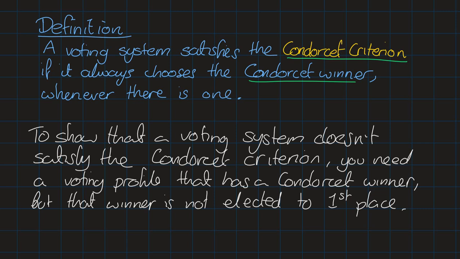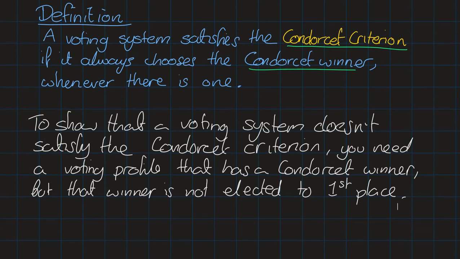But there are infinitely many different voting profiles which have Condorcet winners, and you need to show that in each one of these infinite number of different voting profiles, the Condorcet winner is elected to first place. That's a hard thing to do. It's a more abstract thing to do. It's often a lot easier to show that a voting system does not satisfy the Condorcet criterion than to show that it does.